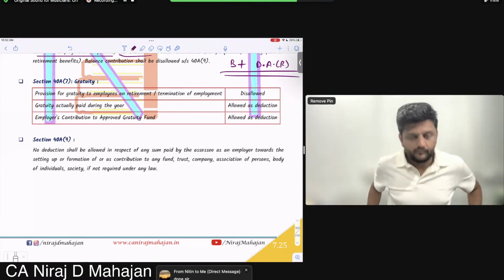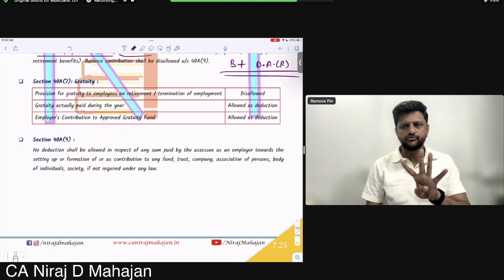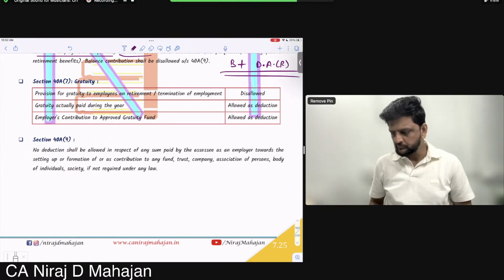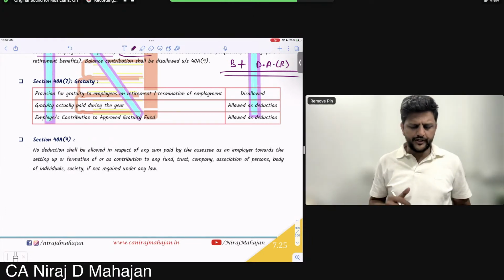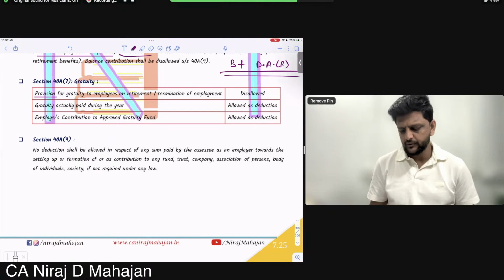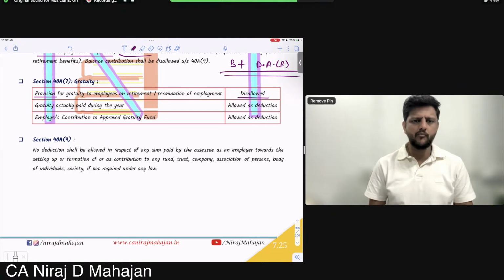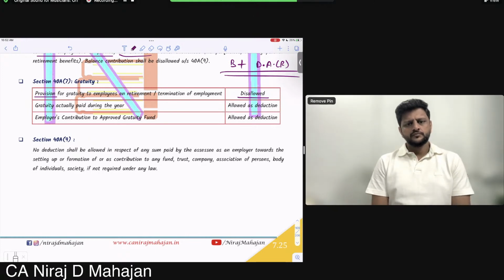Gratuity, 40A. As soon as we reach section 40, disallowance starts, right? Gratuity. Provision for gratuity. Provision disallowed. Just like, children, which provision was not allowed? Any example do you remember?